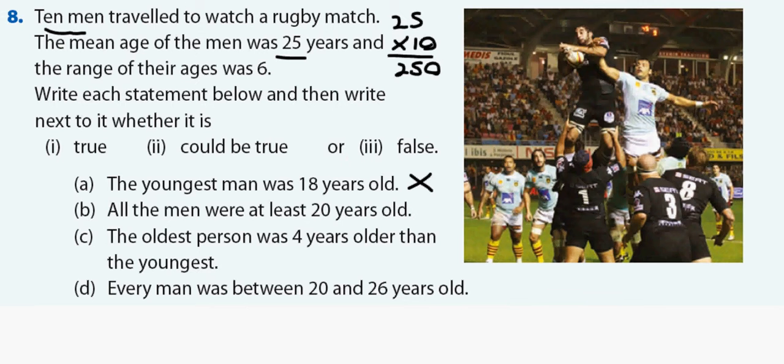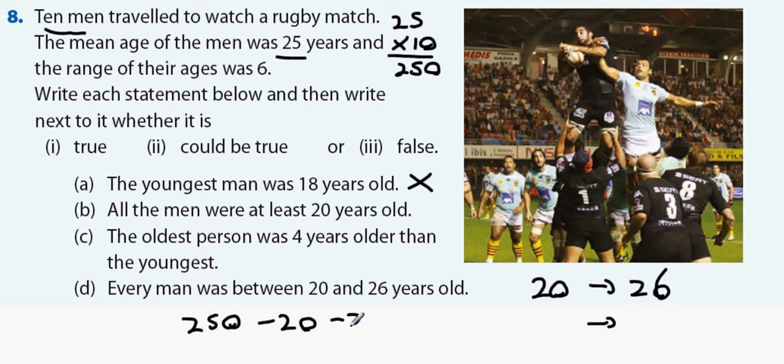So if the youngest was 20, therefore the oldest was 26. And remember, there's 10 of them, so imagine all of them. So if the youngest is 20, we know the total has to be 250, okay? So it's 250 minus 20 minus 26.